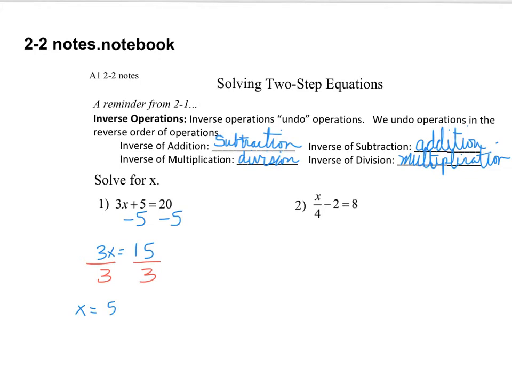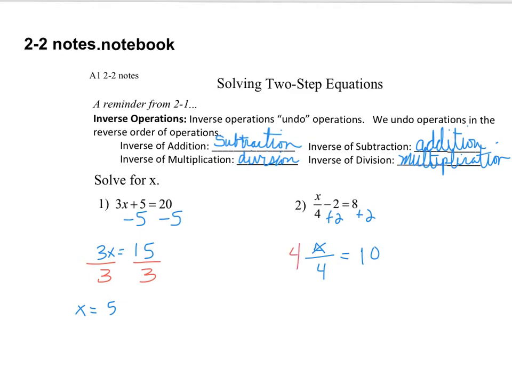All right. Number 2. We have x divided by 4 minus 2 equals 8. All right, so let's go ahead and add 2 to each side. Okay, so we're going to end up with x over 4 is equal to 10. Okay, and then our second step is we're going to multiply each side by 4.